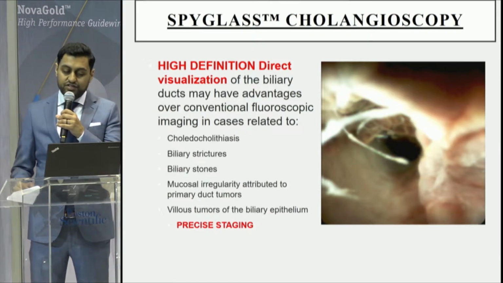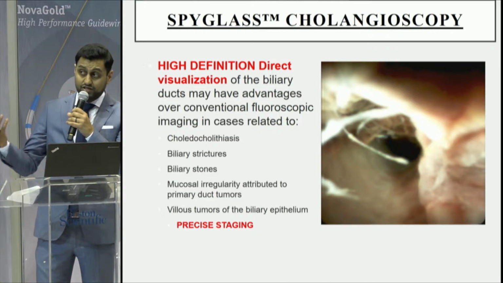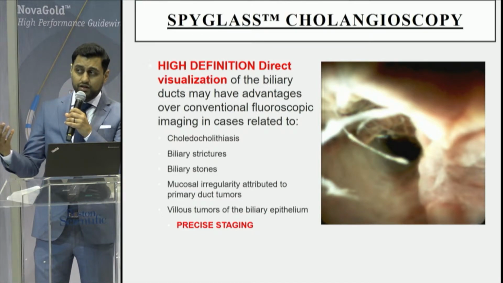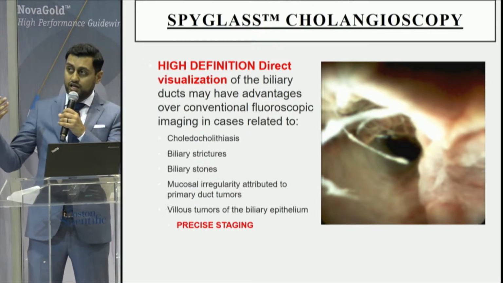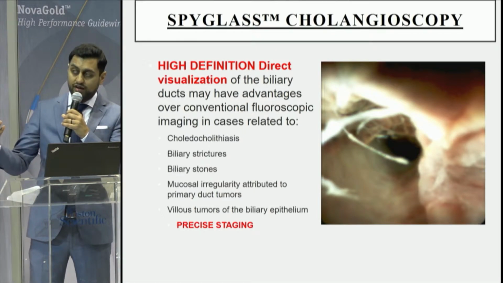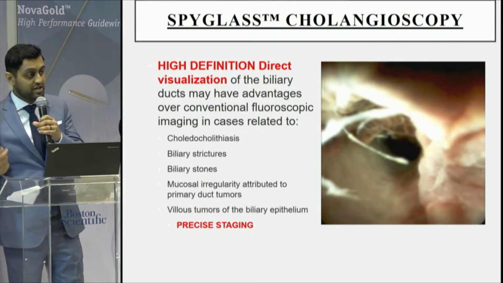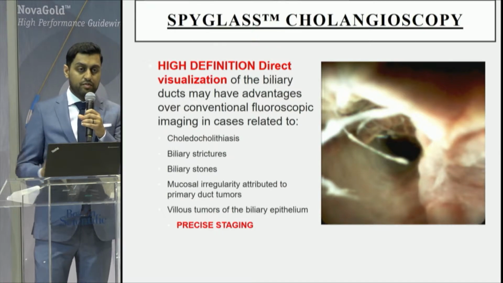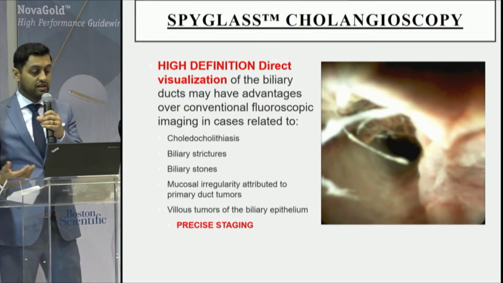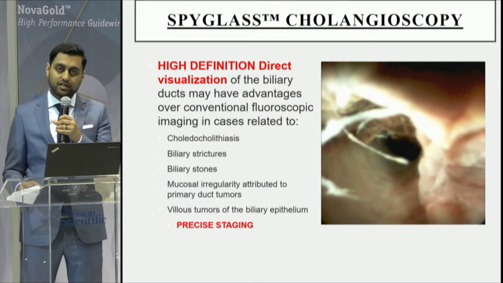The high-definition direct visualization is really important for us, and here you can see an example of what a cholangiocarcinoma looks like. It's quite clear, even for those who have not done a lot of cholangioscopy, you can see this intraluminal growth and this villiform pattern with some hypervascularity. For us, we take these pictures and or videos and bring them to our tumor board. They have meaning to our medical oncologists, radiation oncologists, and other colleagues who may never have seen or haven't dreamt of having the ability to look within the bile duct before.